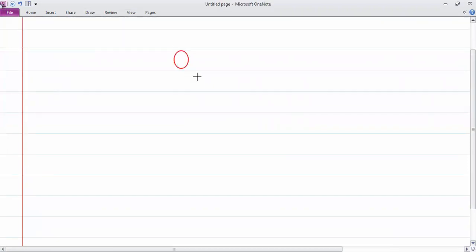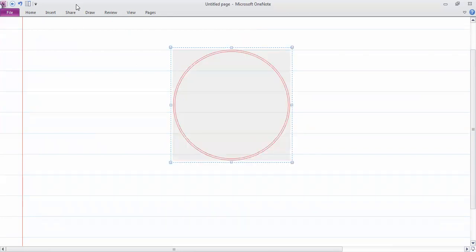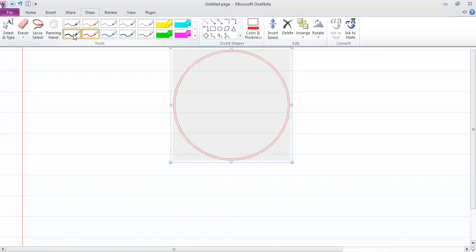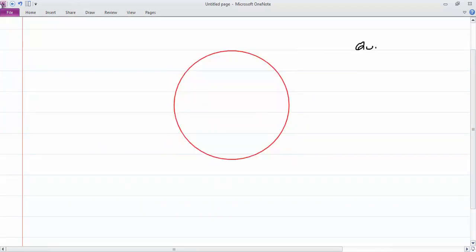Let's say I'm going to take a circle. There is a word called quadrilateral. Quadrilateral means a four-sided shape.